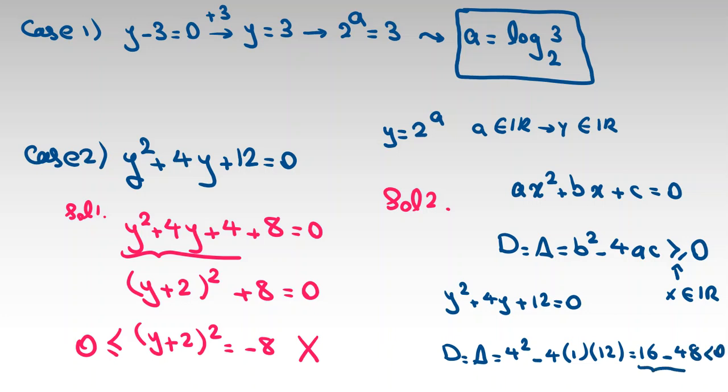If you want, you can calculate this: it will be negative 32. So it is less than 0, so we don't have any real answer for y. Of both solutions, solution number 2 is more general. Solution number 1 needs attention to perfect squares to reach a square number. So we solved this two ways, and our only answer is a equals log of 3 with base 2.